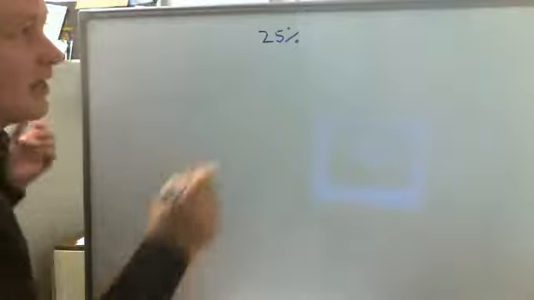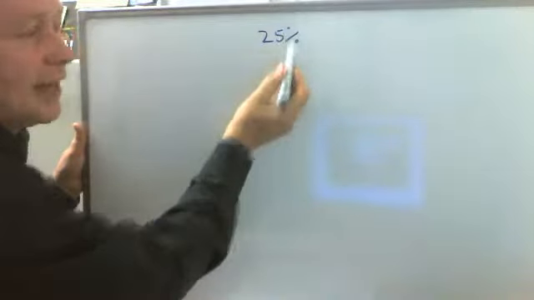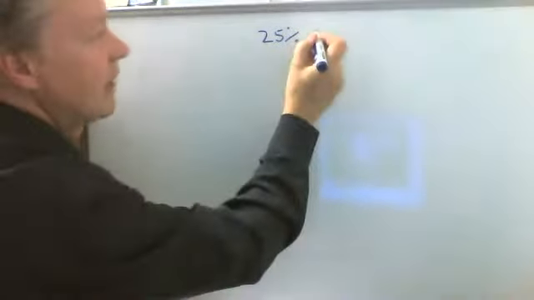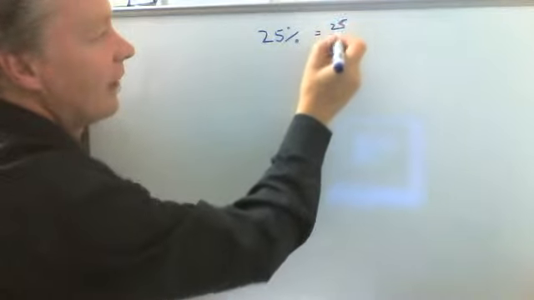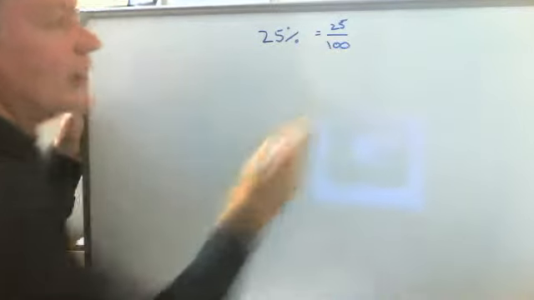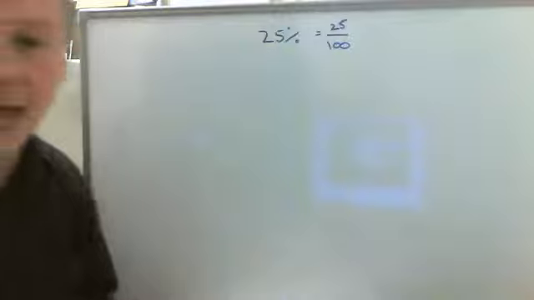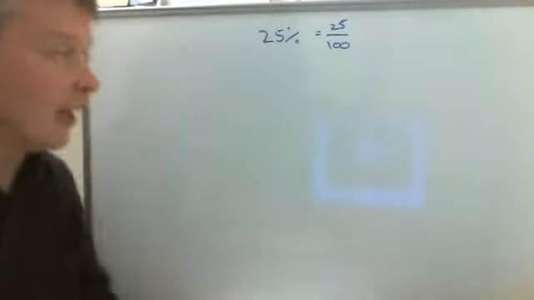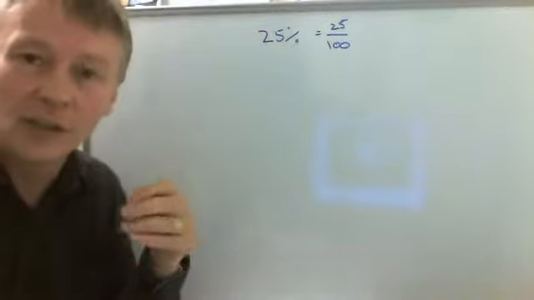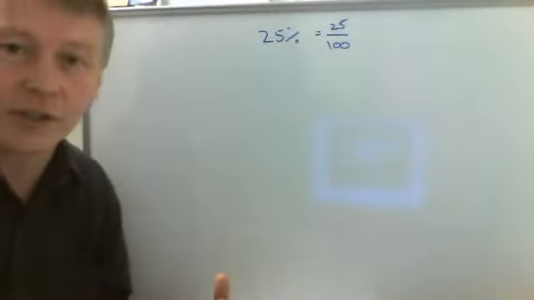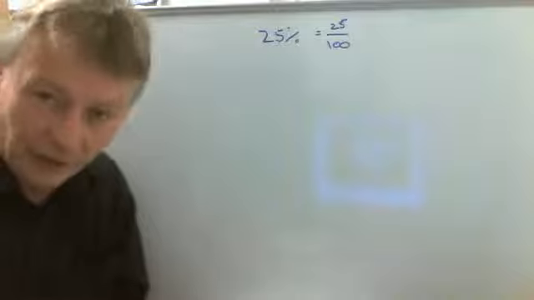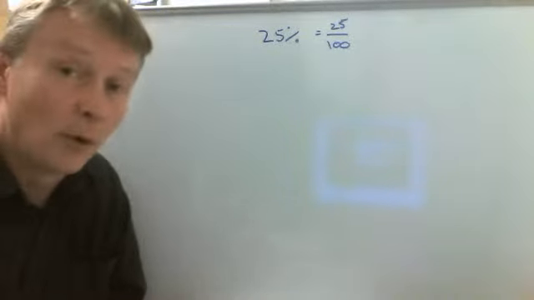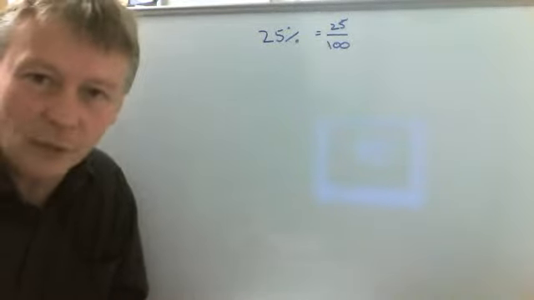And the way we do that is to recognise that when we've got the percentage form, it actually means 25 over 100. So percent means out of 100. And then if you look at one of the other videos, it talks about how you can manipulate fractions in order to create equivalent fractions where the numbers are smaller and a little bit easier to deal with.